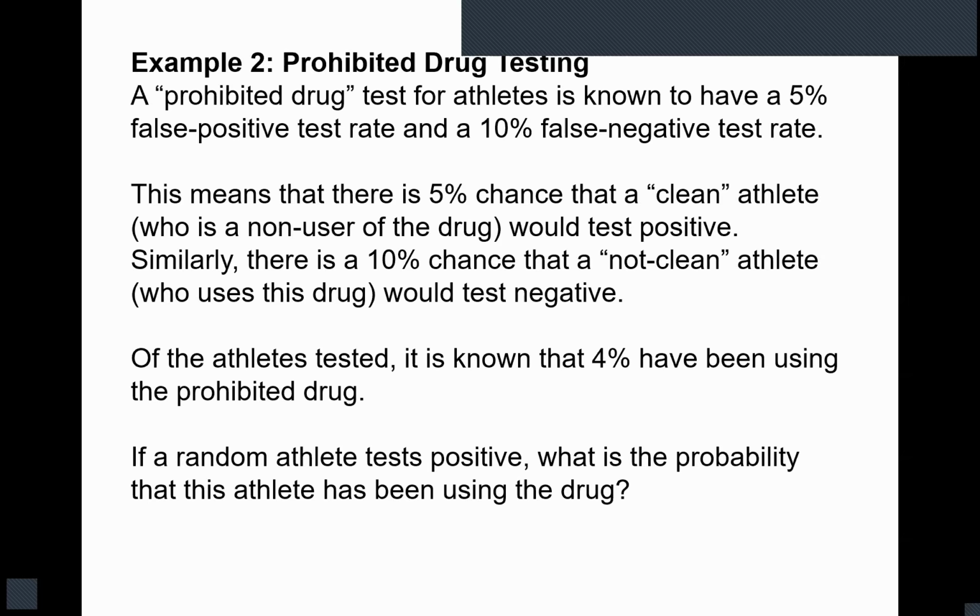Okay, so let's write all the information that we have. The probability of having a user is 0.04. That means the probability of having a clean person is 0.96.